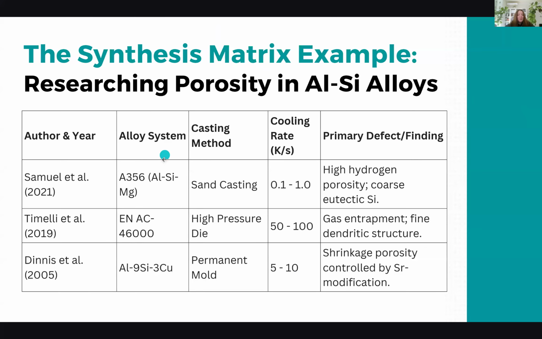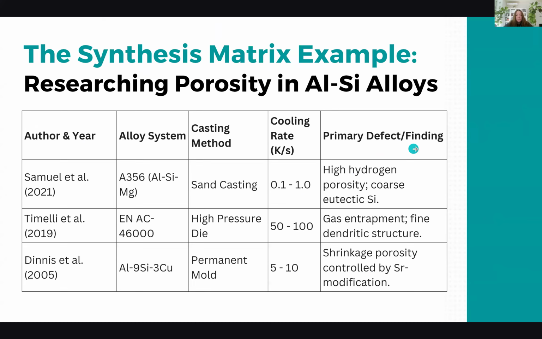Here are alloy systems and casting methods, ranging from sand casting to high pressure die casting to permanent mold gravity casting and anything else. Here is the cooling rate, kelvins per second. Obviously, high pressure die casting would have the highest cooling rate, while sand casting would have the lowest.